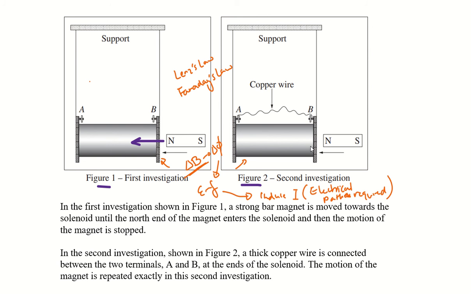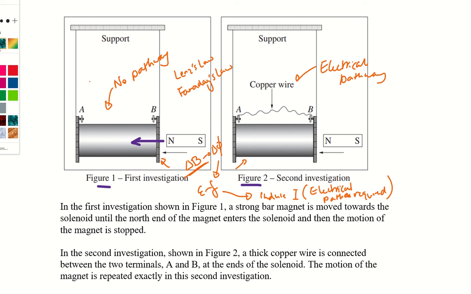If we compare the pair, this copper wire is that electrical pathway that is required. If we look at figure 1, there is no pathway. So the fact that we do have a pathway would imply that we get an electric field, that changing electric field, or what we can say is the induced current.